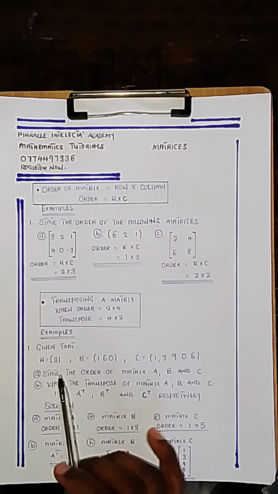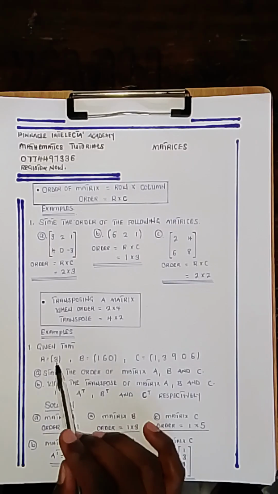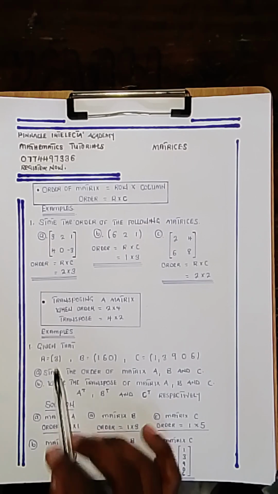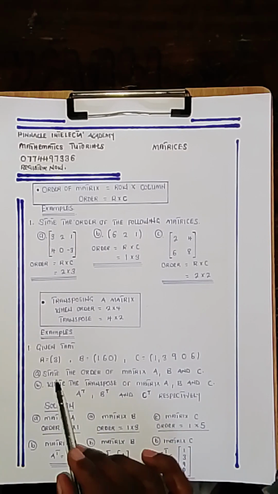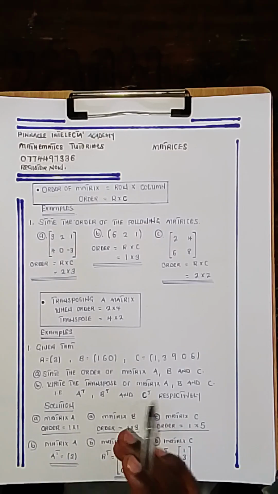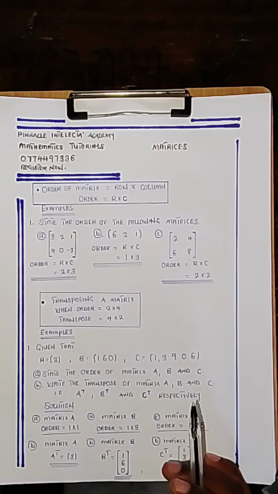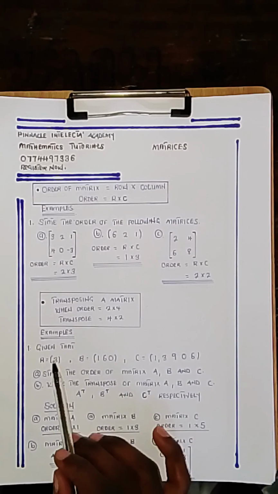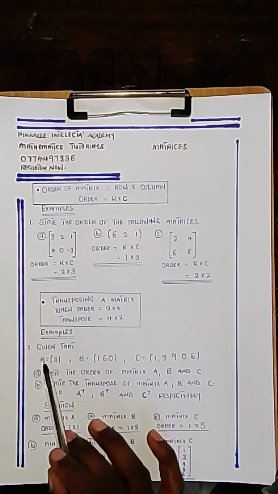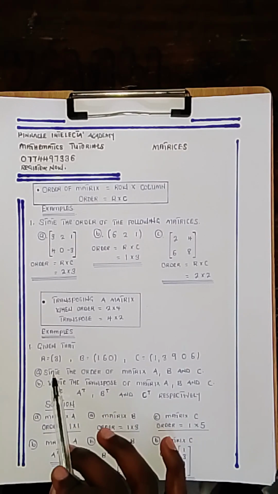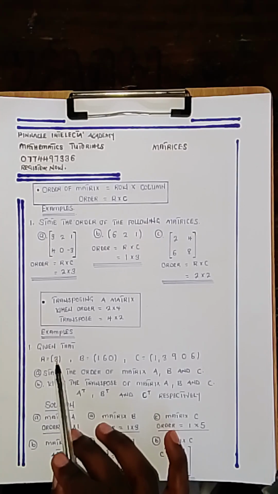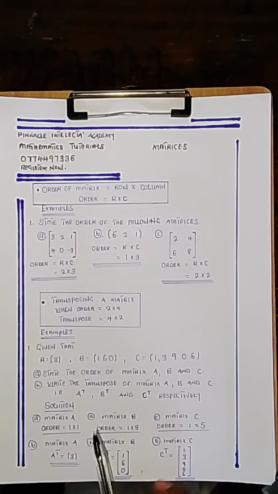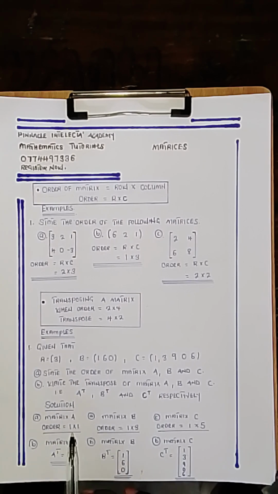Given that matrix A is 3, state its order. The order of this matrix is 1 by 1. There is 1 row and 1 column. That's why in the solution you can see that matrix A has order 1 by 1.